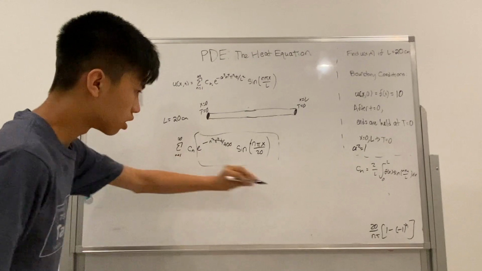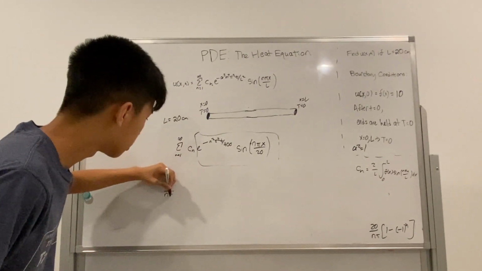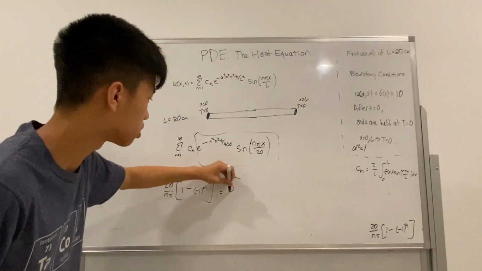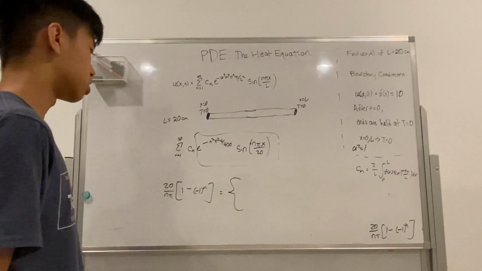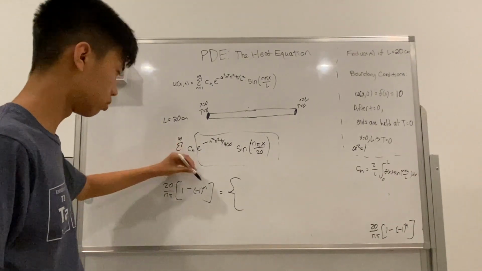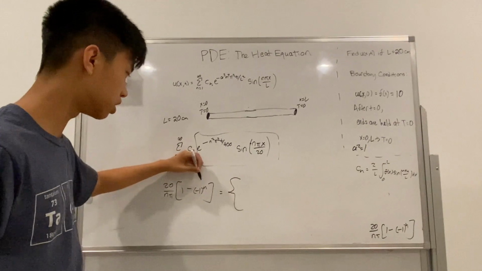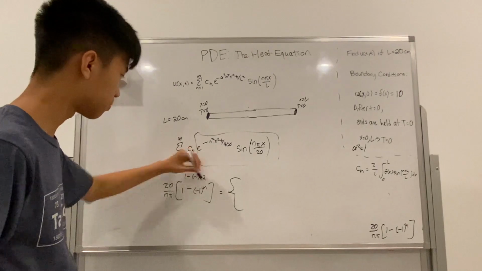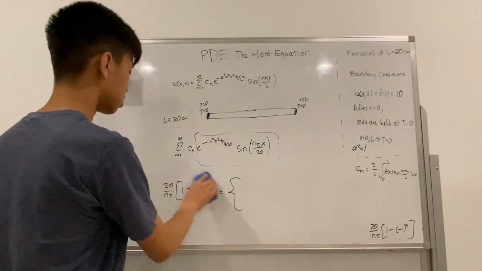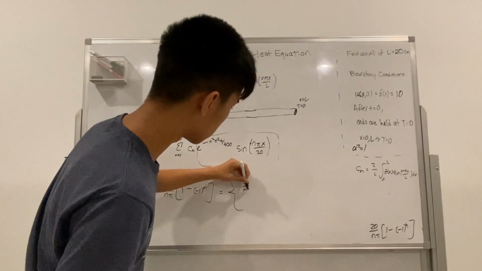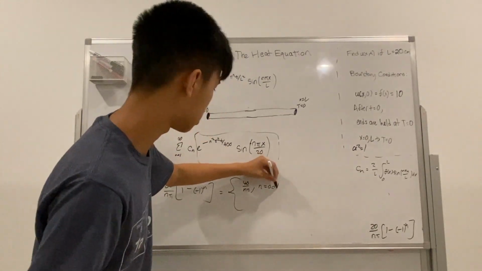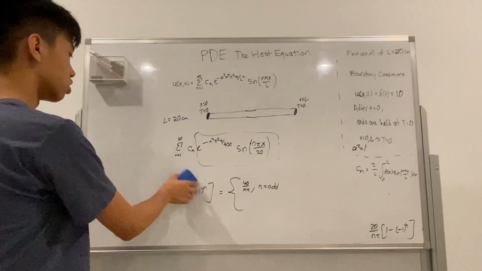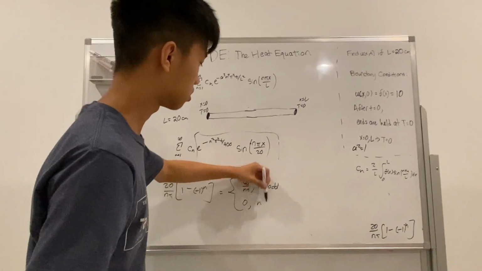So this 20 over n pi, 1 minus negative 1 to the nth power, can be turned into a piecewise function, because when n is an odd value, negative 1 to the nth will always be negative. So this will become 1 minus negative 1, or 2. So when n's odd, it becomes 40 over n pi. And when n's even, you get 1 minus 1, which is 0.